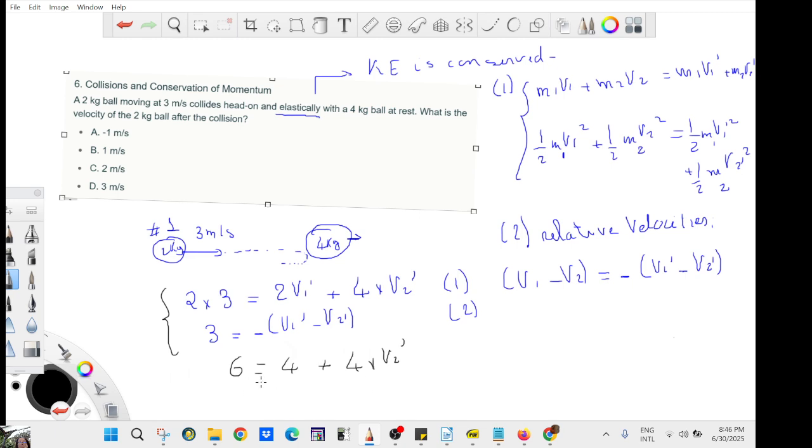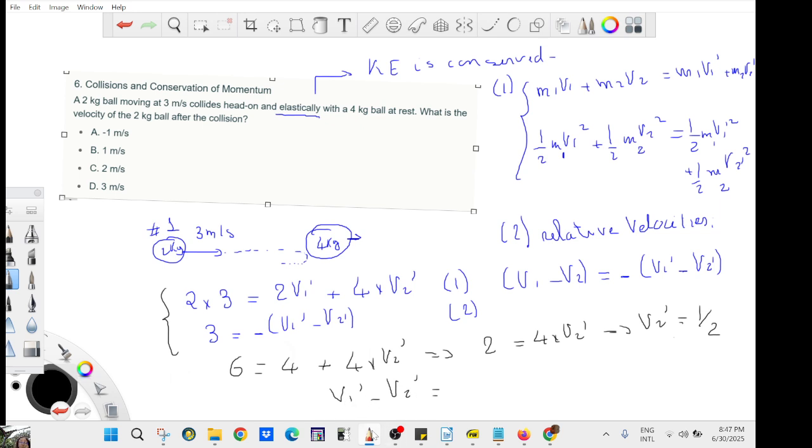So 2 equals 4 times v2 prime, and v2 prime has to be 1/2. And if you do the relative speed, you see it's not going to work.